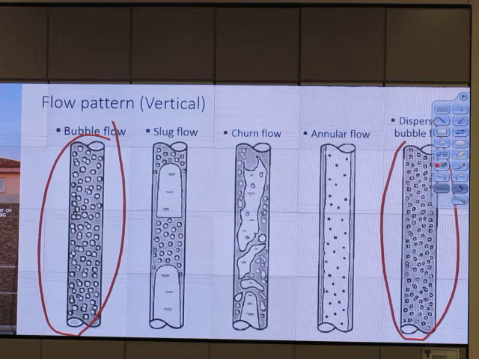The difference is that in dispersed bubble flow, there's no slip between phases. Actual velocity of both phases is the same. There is no slip. Okay.